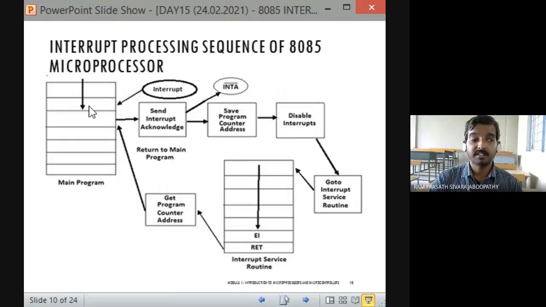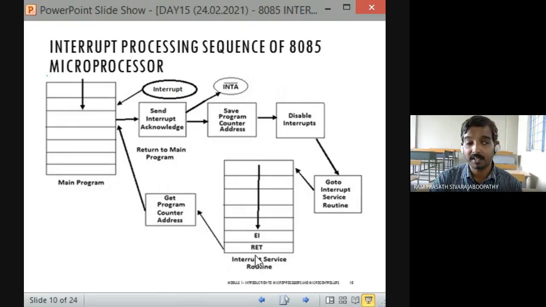In turn, the CPU acknowledges the interrupt and does the service. The service is done by the ISR routine. What has to be done for the interrupting device is written in the service routine. So this program we call the interrupt service routine.